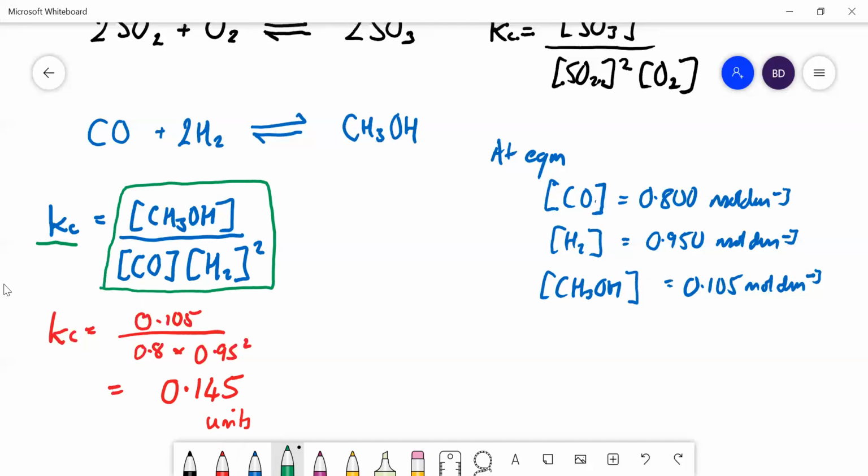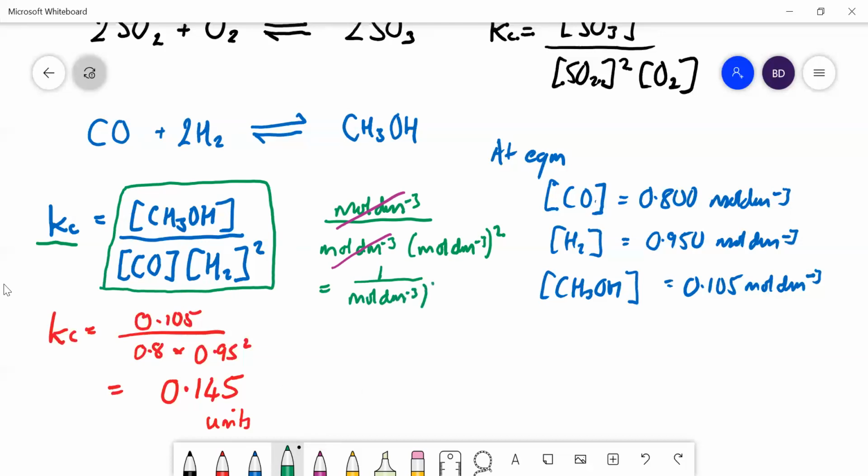Well, we have the units of concentration of the methanol, that's mole per decimeter cubed, divided by the units of carbon monoxide, mole per decimeter cubed as well, and that's mole per decimeter cubed squared for the hydrogen. So we can see we can do a bit of cancelling out there. We get rid of them and them. So the units are going to be 1 over mole dm to the minus 3 all squared.